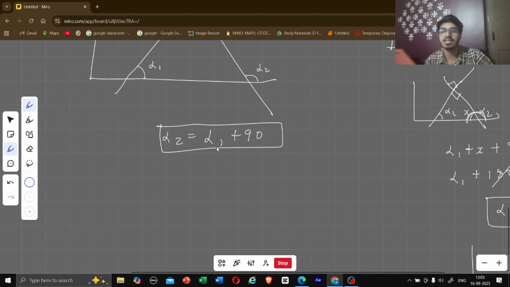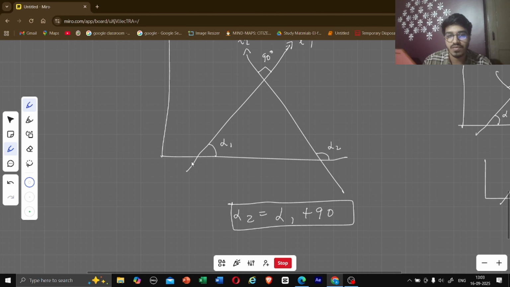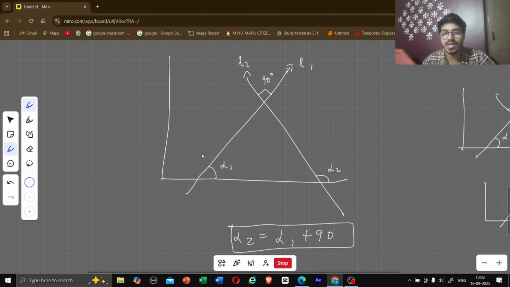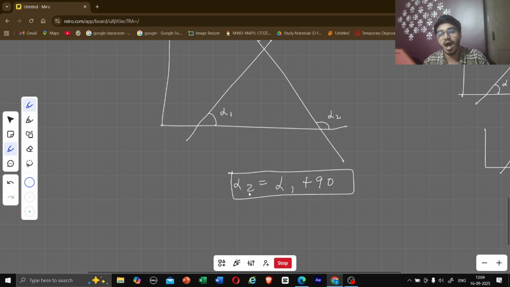So we got the same here. So we can conclude that if two lines L1 and L2 with slopes alpha 1 and alpha 2, with the angles alpha 1 and alpha 2 respectively, intersect at right angle, then alpha 2 is equal to alpha 1 plus 90.